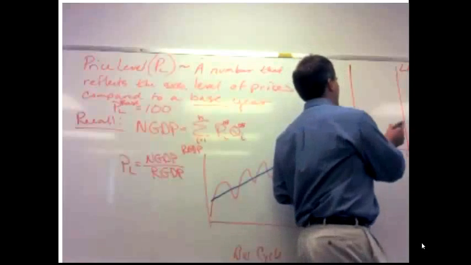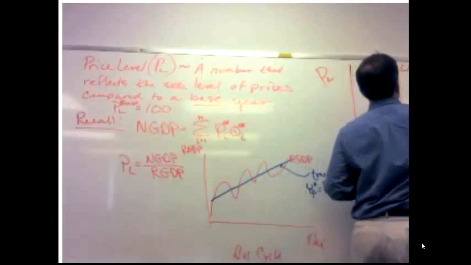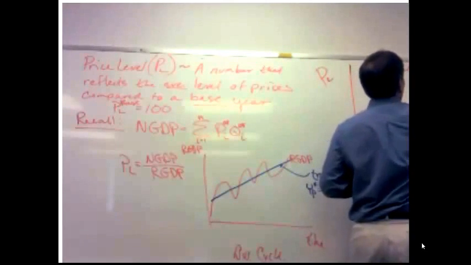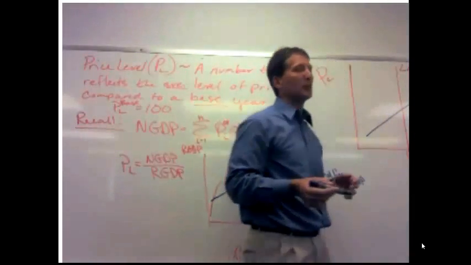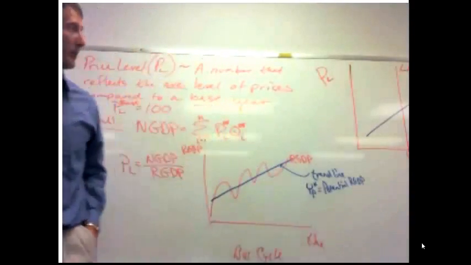Why wouldn't it look like any other supply curve? Let me go ahead and label this SAS, which is going to be short-run aggregate supply. I'll define it in a little bit.